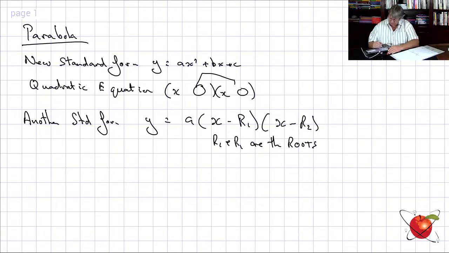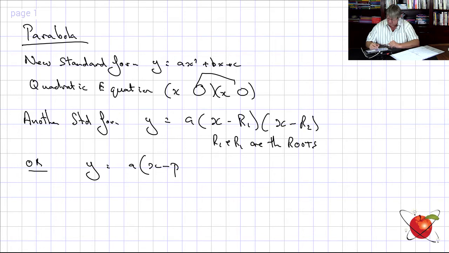Remember, a 3 and a 2, a minus 3 and a plus 5, whatever the case might be. That's the 2 numbers that fit into those brackets. And then we've also got another one, y equals a, x minus p all squared plus q. And this was the turning point.